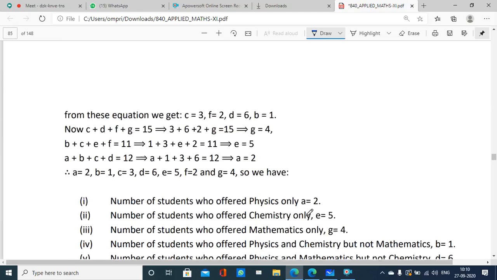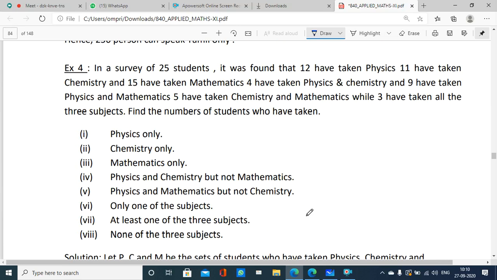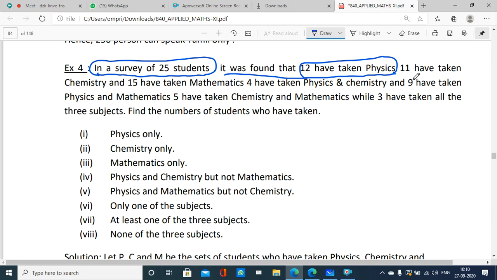Okay, let's move on. Now let's read the question first. In a survey of 25 students, a total of 25 students are surveyed. It is found that 12 have taken physics, 11 have taken chemistry.